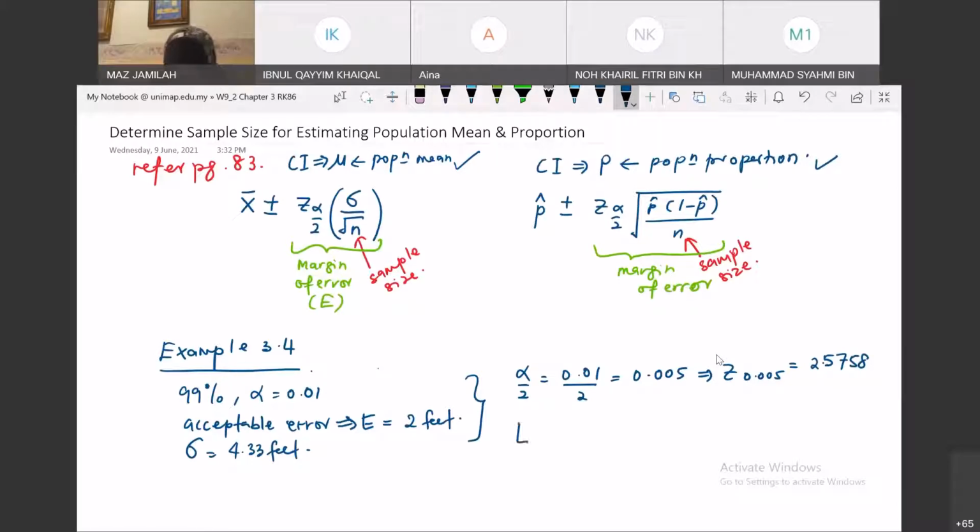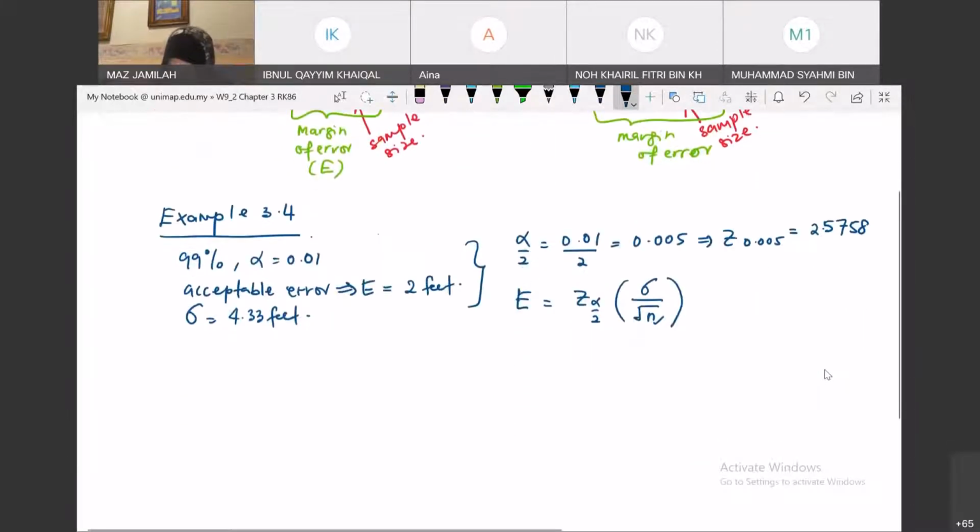Now we know that E is given by the whole thing here. So E will be Z alpha over 2 multiplied with sigma divided by square root of n. Now we need to find n. To make it easy, we bring this n here and we bring E to here.